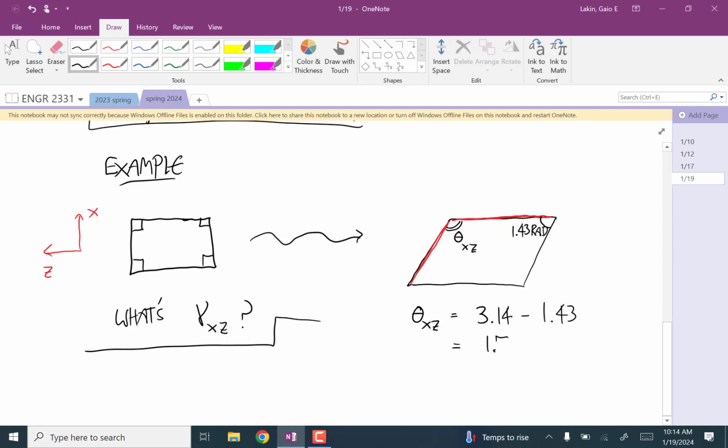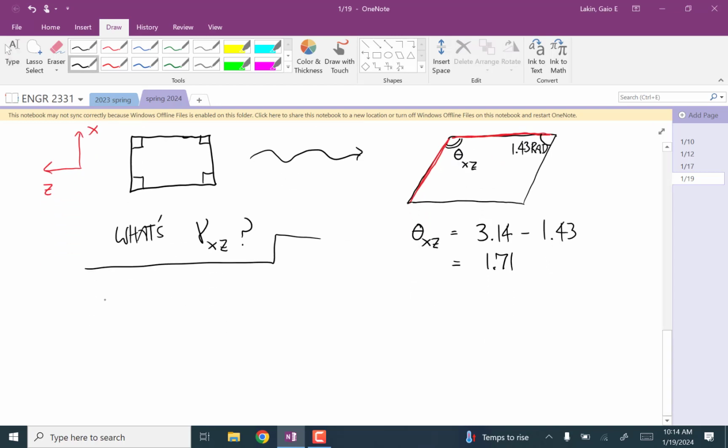And so that's like 1.71. And so gamma XZ is pi over 2 minus 1.71. And that is negative 0.28.